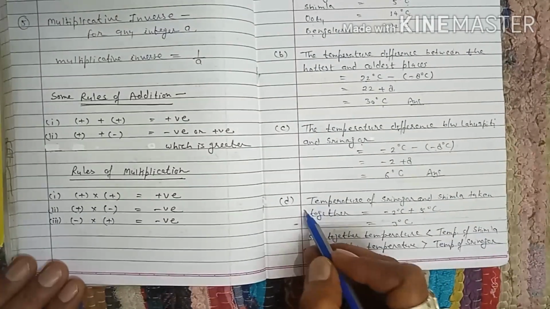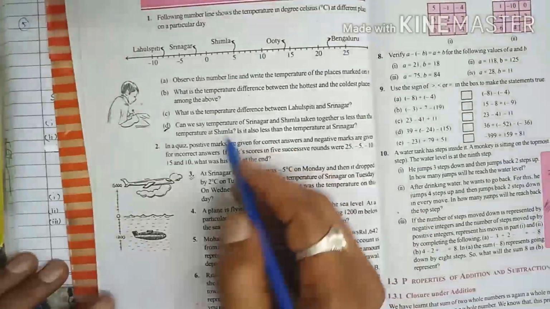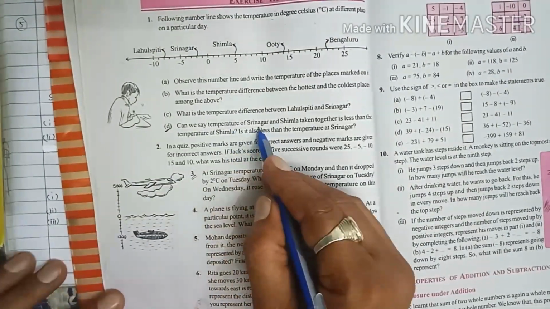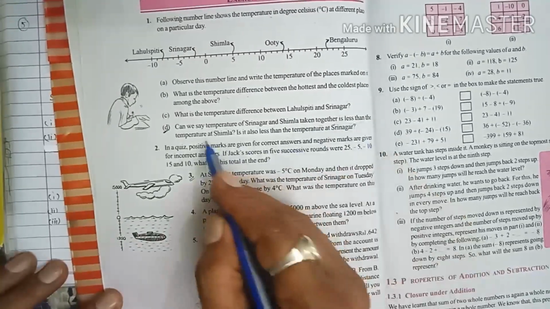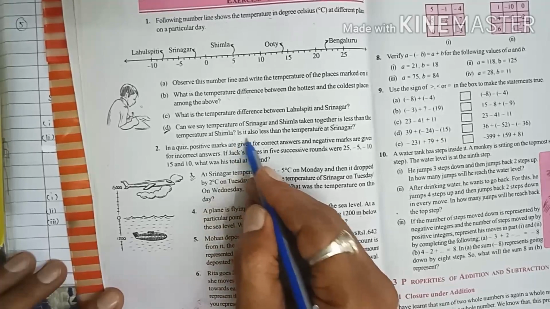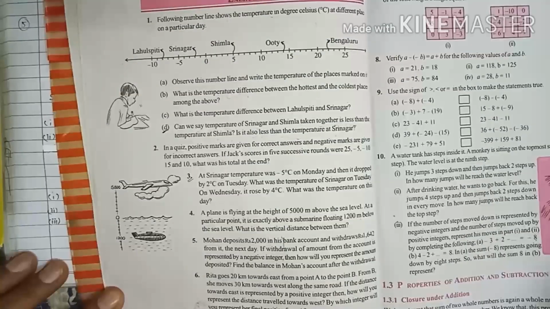Now the last part. Can we say the temperature of Srinagar and Shimla taken together is less than the temperature of Shimla? Is it also less than the temperature at Srinagar?